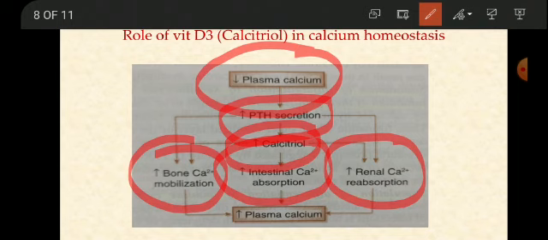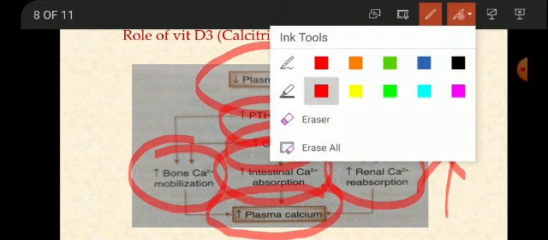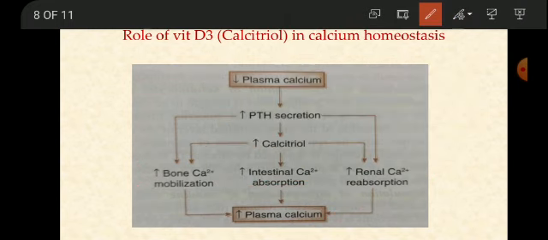So, by the combination of all these three processes, increased mobilization of bone calcium, increased intestinal calcium absorption, and increased renal calcium reabsorption, the plasma calcium level is restored. So, initially though there was decreased calcium level, by the action of vitamin D3, the calcium level is raised.